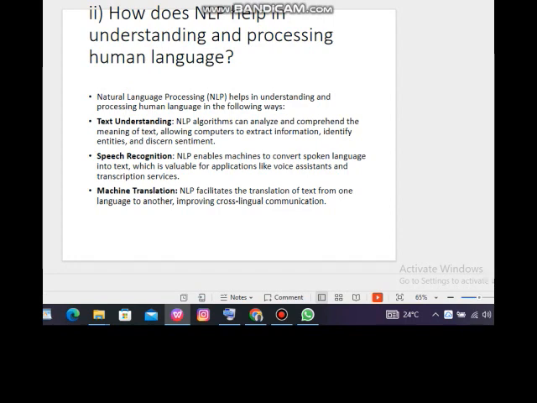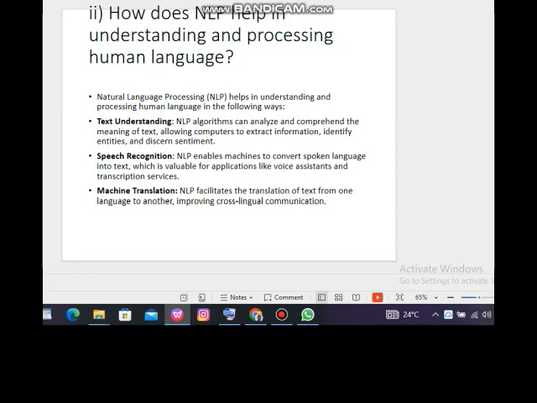How does NLP help in understanding and processing human language? So NLP helps in understanding and processing human language in the following ways. One is text understanding. NLP algorithms can analyze and comprehend the meanings of text, allowing computers to extract information, identify entities, and discern sentiment.